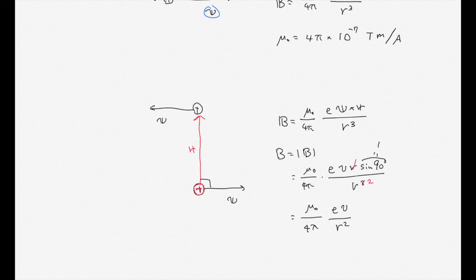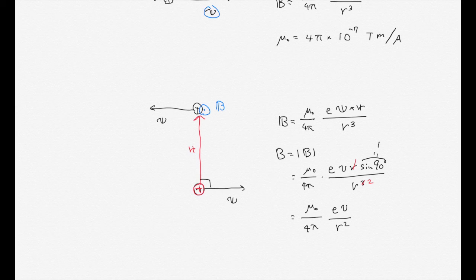Then we'd like to find the direction of the magnetic field. You can use the right hand rule from v cross r. It produces two choices, toward us or toward the board. So in this case you can use the right hand rule, v cross r, and this is the direction of the magnetic field.